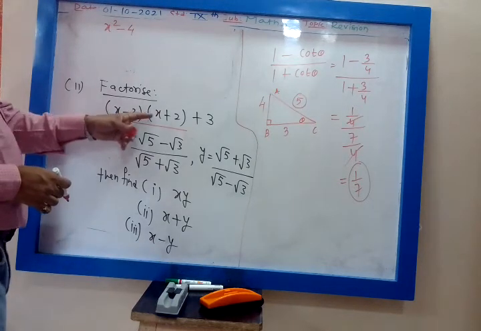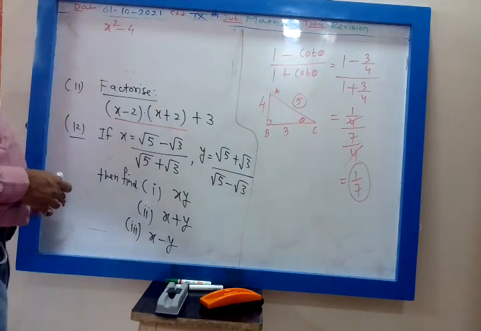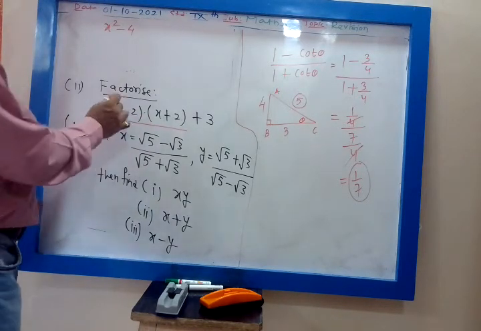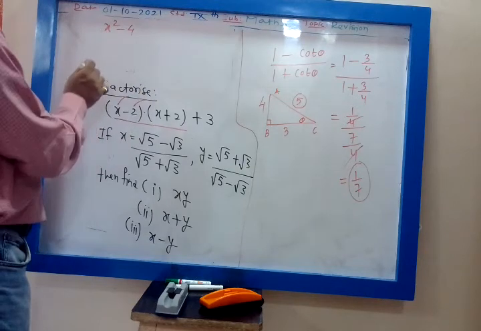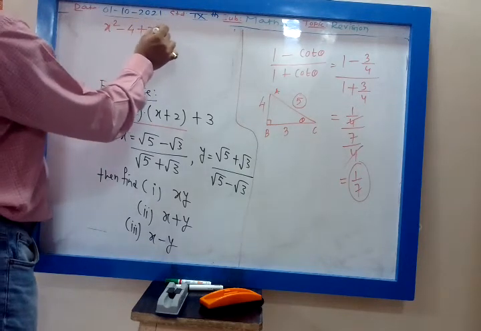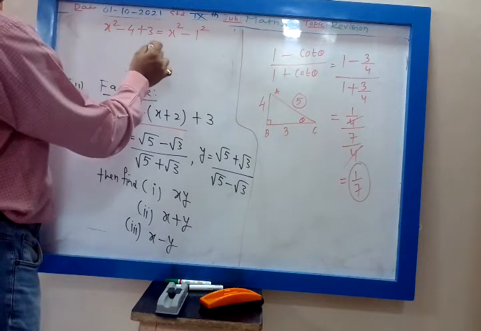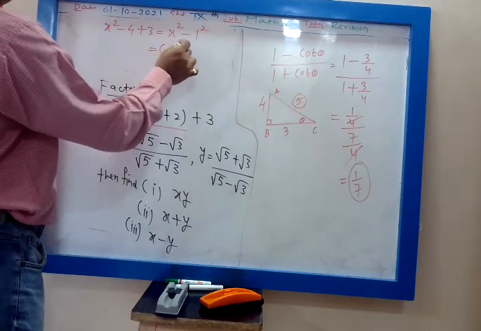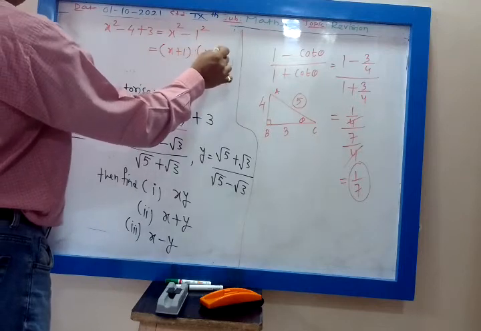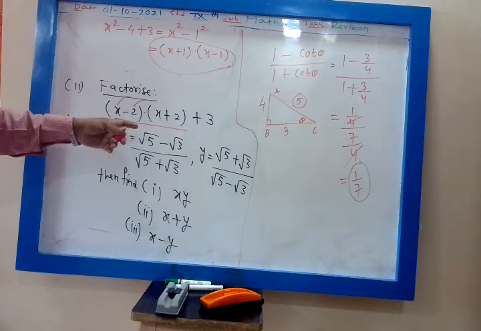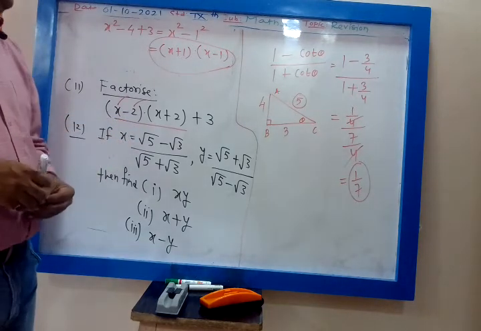Then plus 3, that will be x square minus 1. Again, I can write 1 square, again a square minus b square. So a plus b into a minus b. This is also one of the methods. There are other methods also. You open the bracket and simplify.